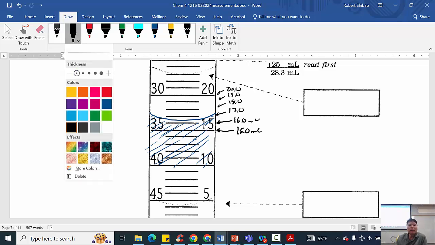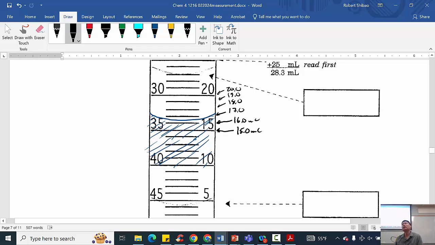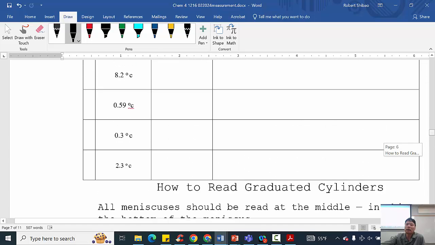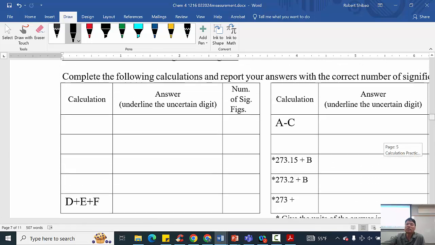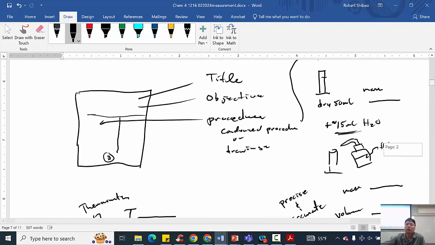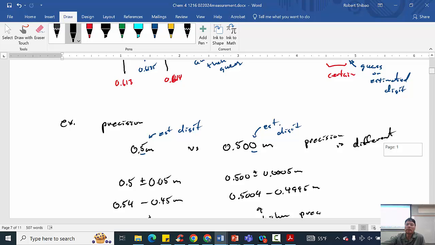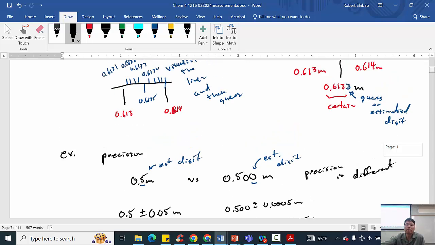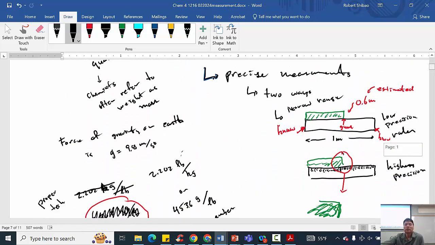And when we measure it, we got to make sure we get consistent measurements, because another way we think about precision is by reproducibility. Two ways.